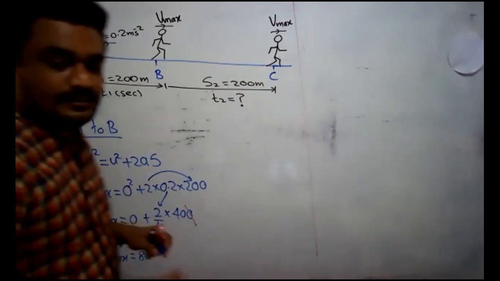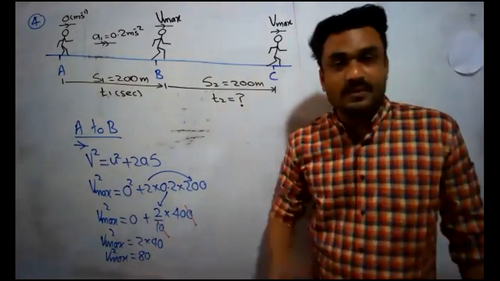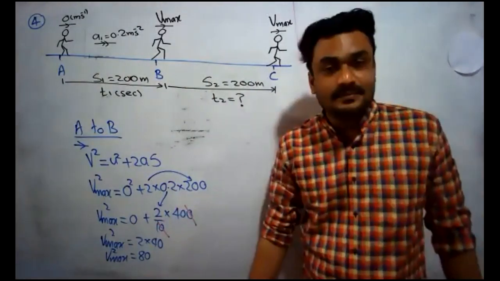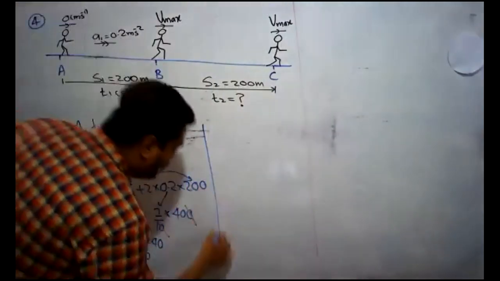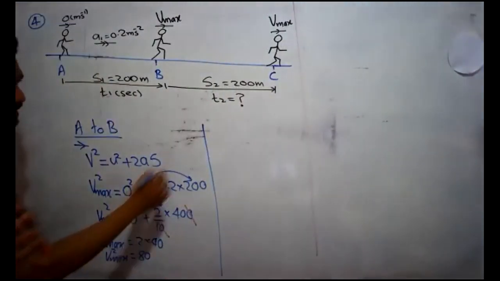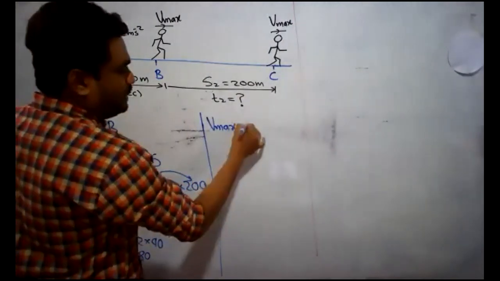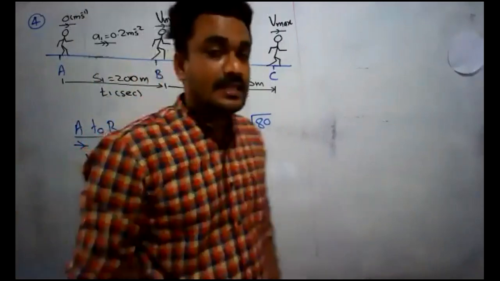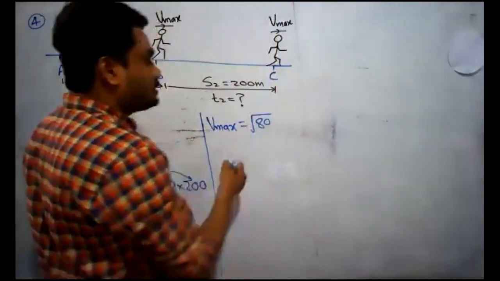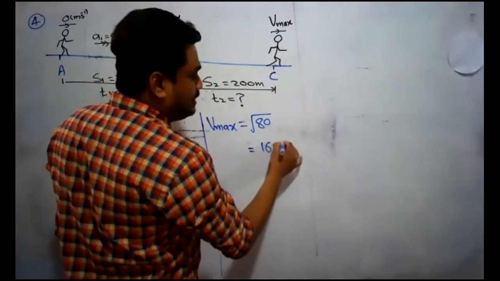Who got this answer here? We want to find v max, not v max squared. If v max squared is 80, v max should be the square root of 80. The square root of 80 can be written as the square root of 16 times 5.